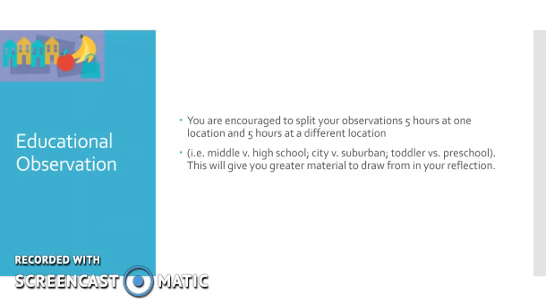This will give you some greater material to draw on in your reflection and some compare and contrast, trying out different environments, seeing what different classrooms are like. It can be very helpful to do your observations at a school where you are not currently a student, seeing what things might be different in a different environment.